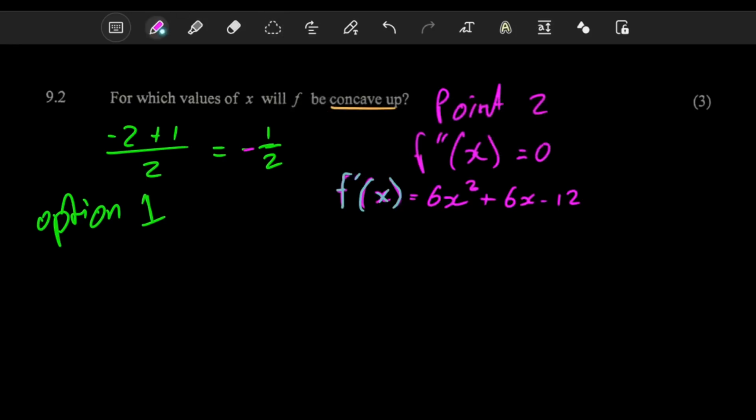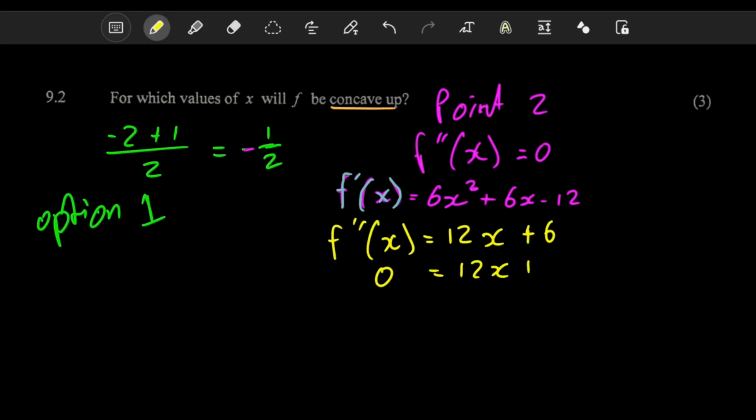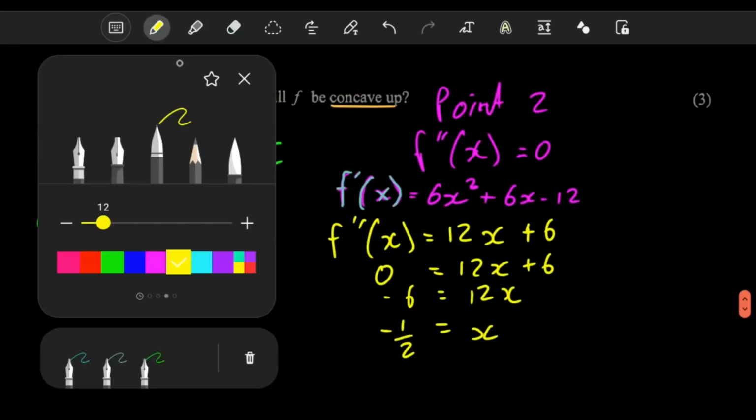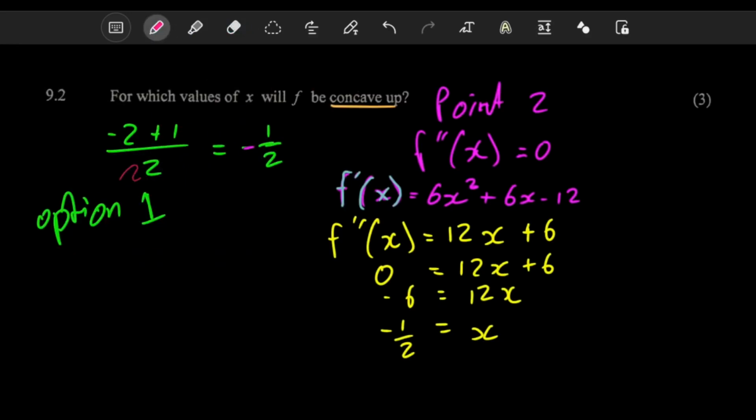You differentiate it again to get your second derivative, then make it equal to 0 and solve for x, and you still get negative a half. Two methods, the same answer, but which one was quicker and easier? It's not even a competition. Look at how much less writing this is. So know how to work stuff out the easier way, if there's an easier way.